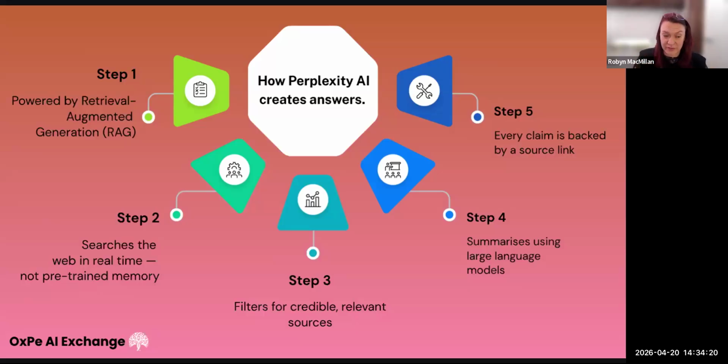And that makes a difference because it means the output is current, it's pulled from live sources, it's traceable, every claim has a reference, and it's defensible. You can stand behind it because you have that link. You know where that information has come from.